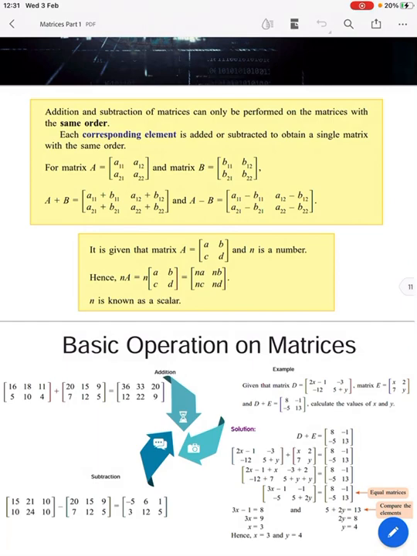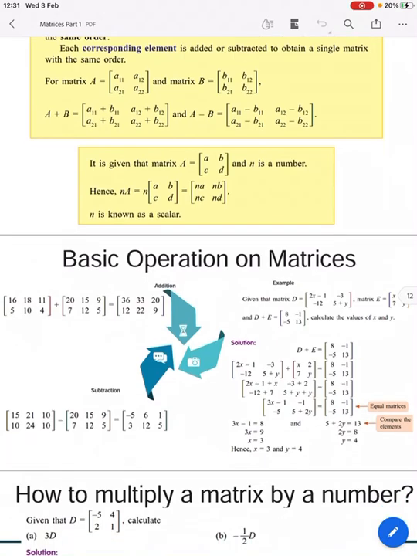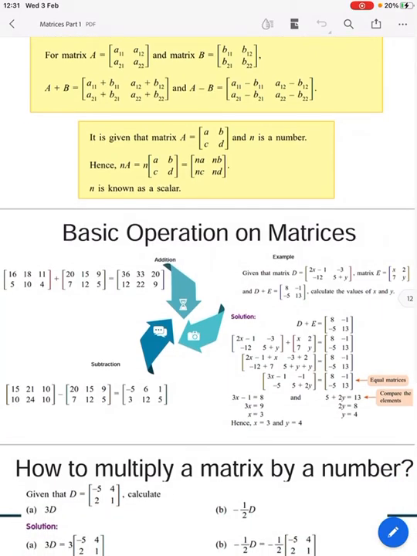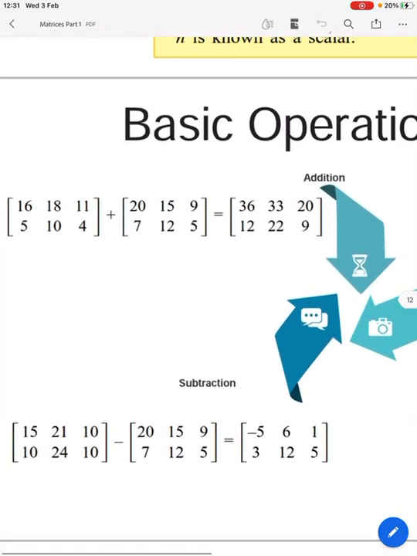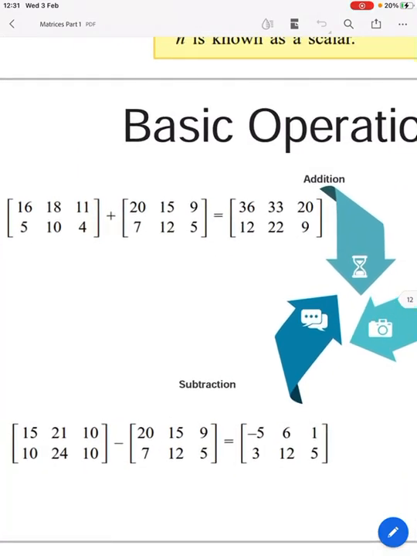Let's say you have a matrix here, a matrix of order 2 by 3. So we do the addition. 16 plus 20 equals 36, 18 plus 15 equals 33. It's just a simple addition. Same goes for subtraction, it's just a simple subtraction.